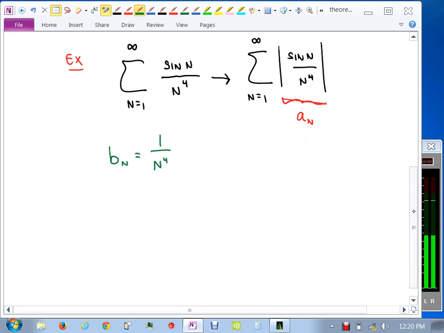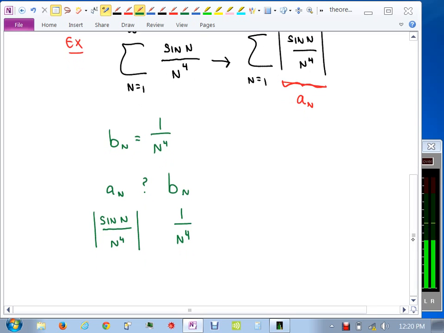And I'm going to use not the limit comparison, although I could. I'm just going to compare the two. I'm going to put a sub n, b sub n next to each other, figure out what's the relationship. So what is the absolute value of sine n over n to the fourth? How is that related to 1 over n to the fourth? How are they related?